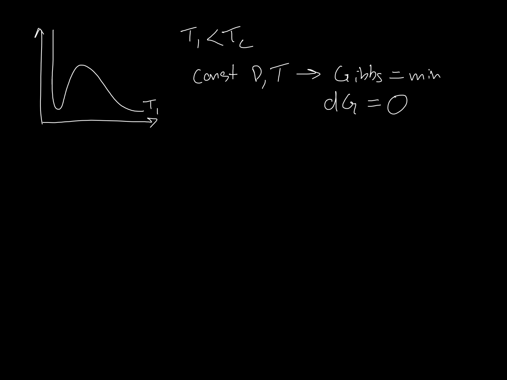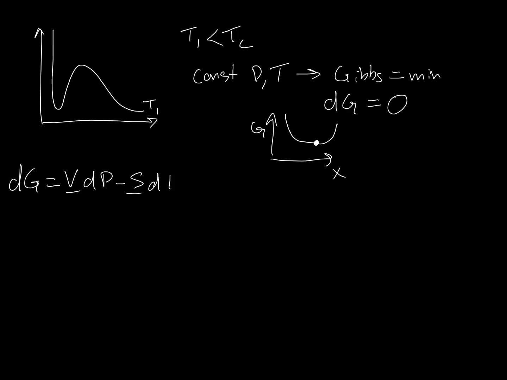All right, so if you got another little quick plot here, G is a function of whatever. The slope, when G is at that minimum, is 0. It's flat. So this expression that I'm going to write, dG is equal to V dP minus S dT.